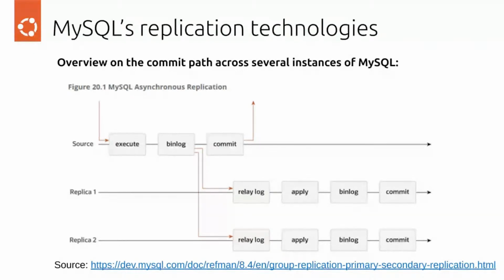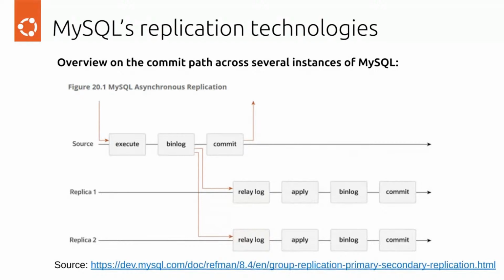The only difference is that, on top of making sure that the redo log and bin log are synced, the primary, or what we call the source here, sends those bin log changes to the relay log, which is a file on the replica that hosts all the pending changes that were applied on the source but not yet on the replica.